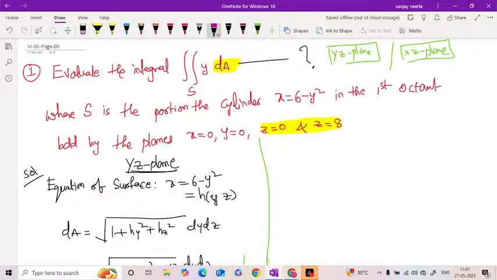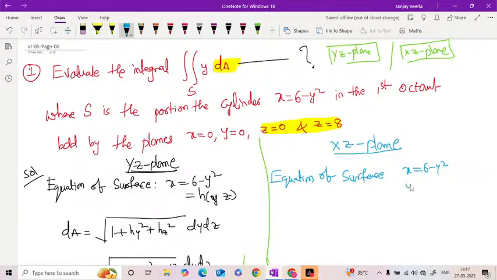But the same problem we will solve by taking the xz plane also. Now we will check. Suppose I am taking the xz plane, what is the equation? Just compare. The equation of the surface is, we have to separate the y. After separating the y, x is equal to 6 minus y square.